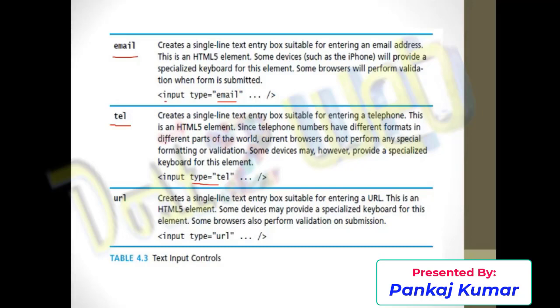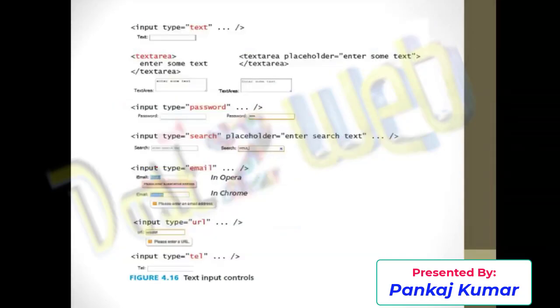How you want that, again you have to define. It's totally dependent on the developer. Then URL, that means if you are going to accept any URL, this is also a single-line entry text box, and this is also one of the HTML5 elements. The moment you submit, the URL will be submitted to the form.